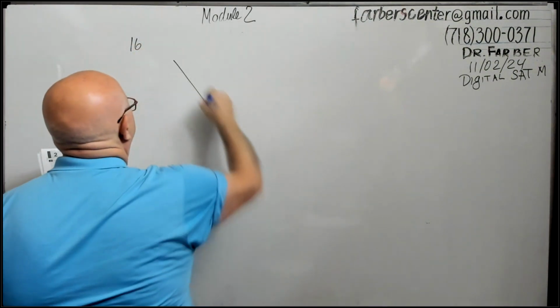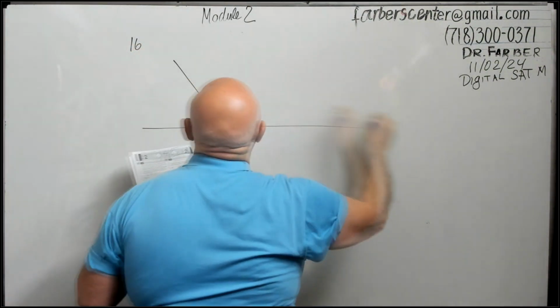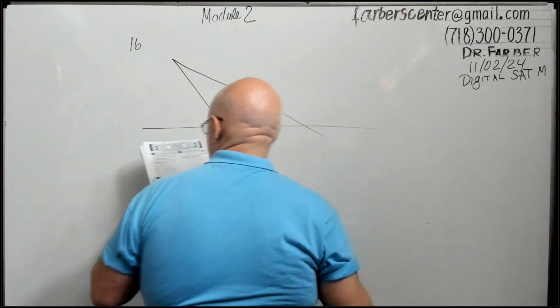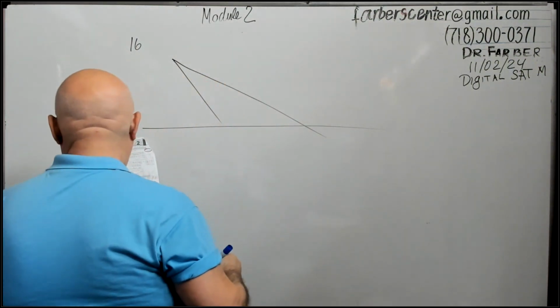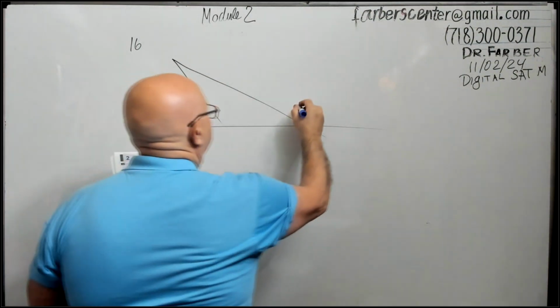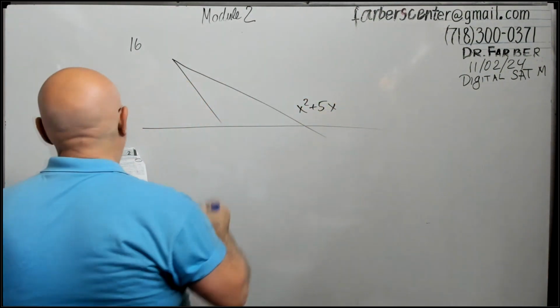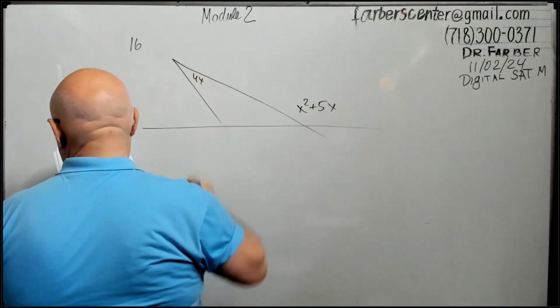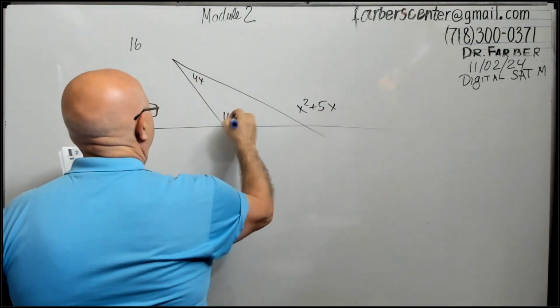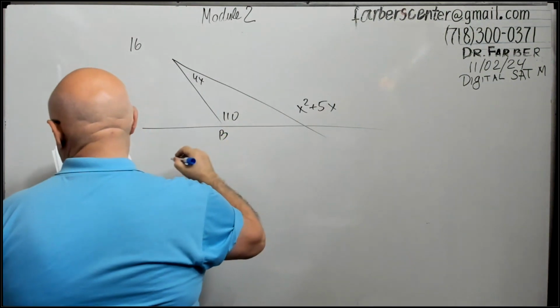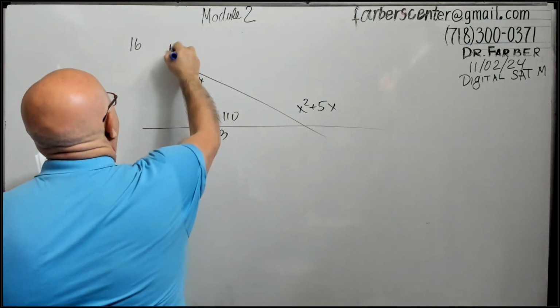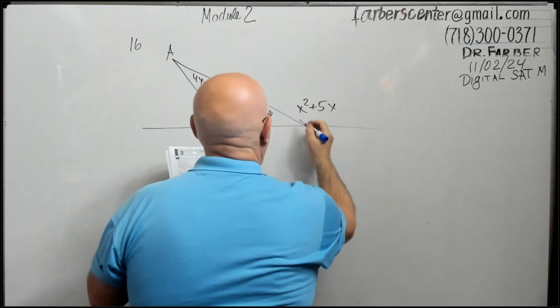Make a picture. x squared plus 5x. This is 4x. This is 110. This is B, A, and C.